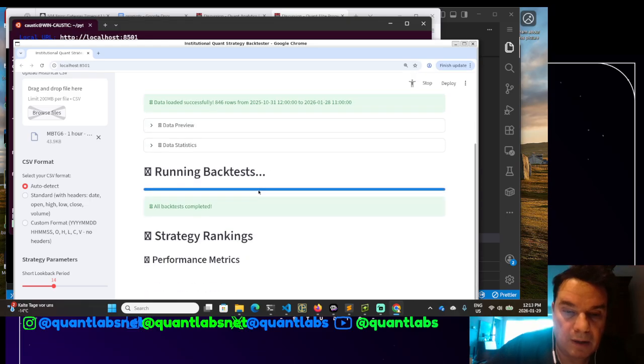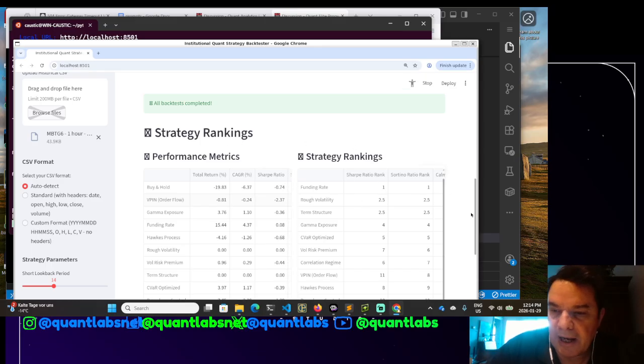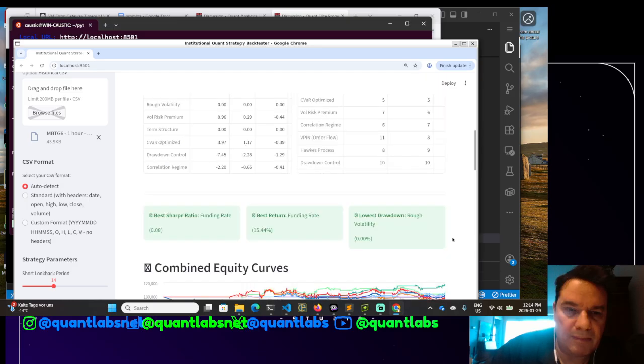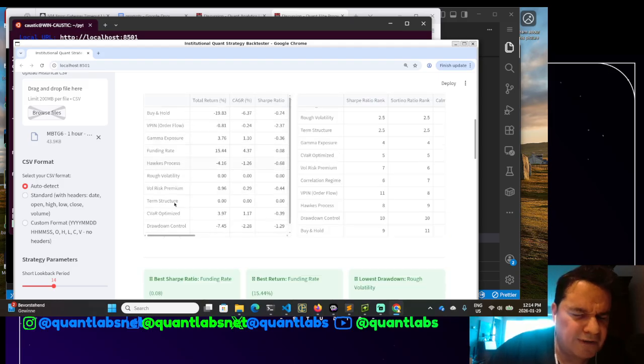Pretty powerful. And some of these Streamlit apps take a while to do the back test. So I'm just showing you some of the easier ones. What you're looking at here is the amazing part when it comes to AI. Here are all the different types of strategies from that document I showed you that does all the quant analysis.